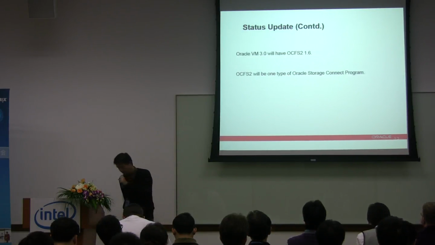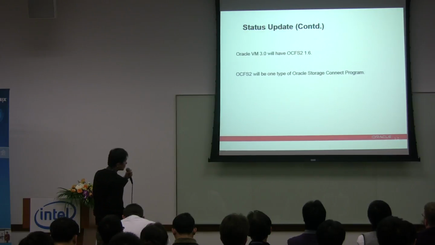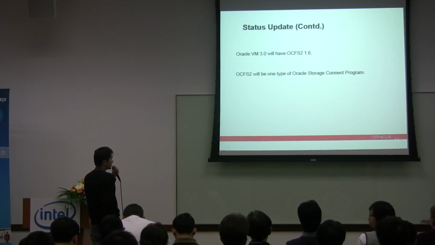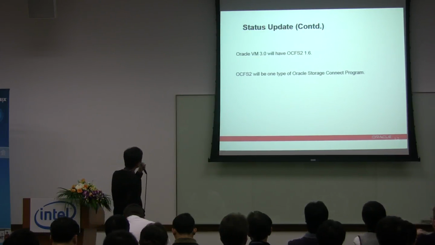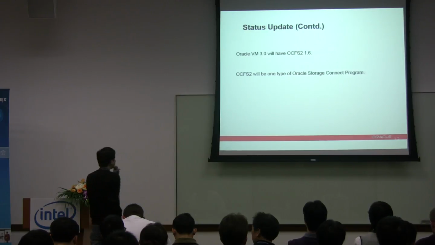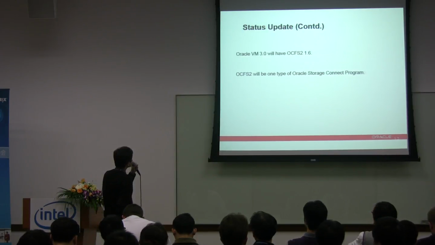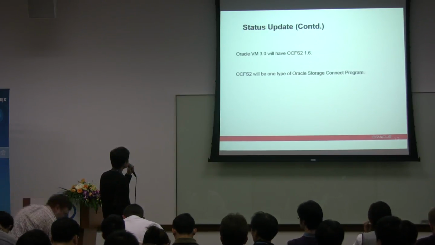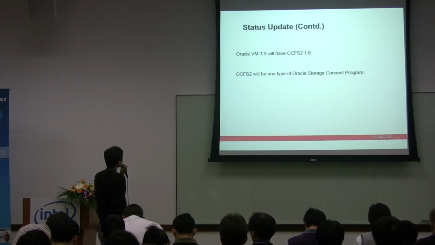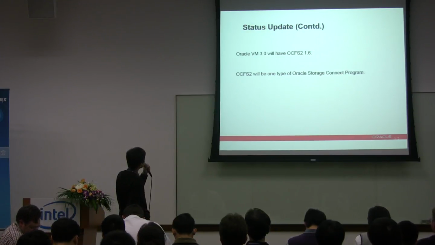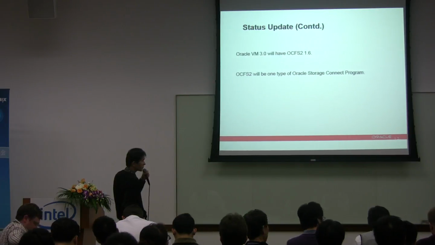Okay, so here's the status of how Reflink will be used in Oracle VM, the Xen product from Oracle. Oracle VM 3.0 will have OCFS2 1.6 installed, and OCFS2 will also be one type of Oracle Storage Connect program.